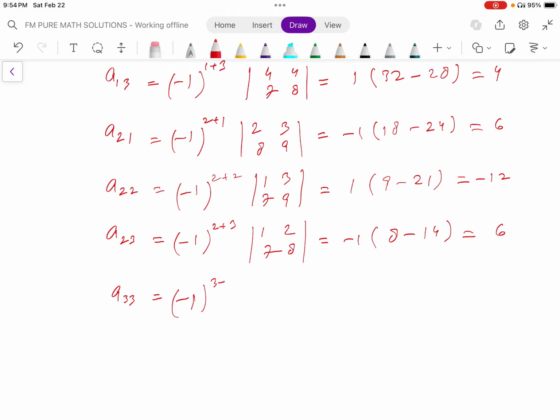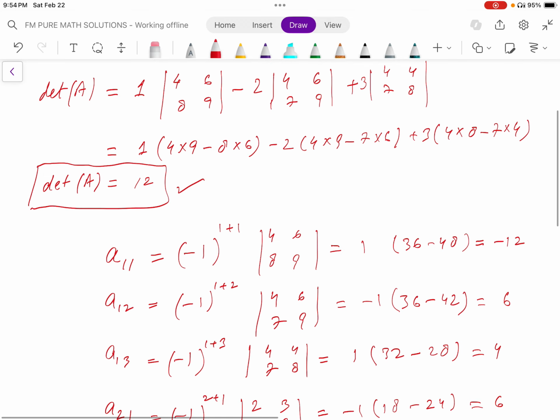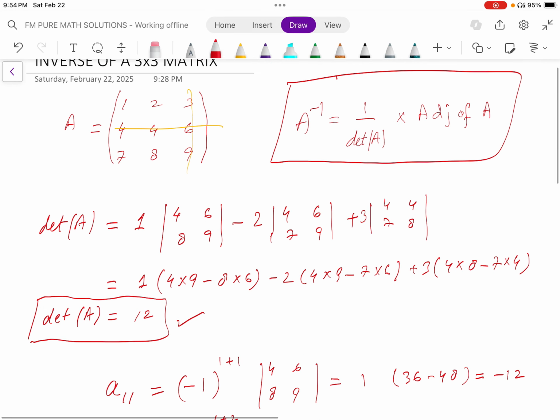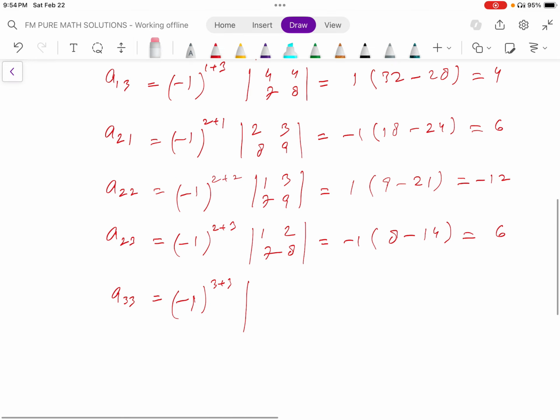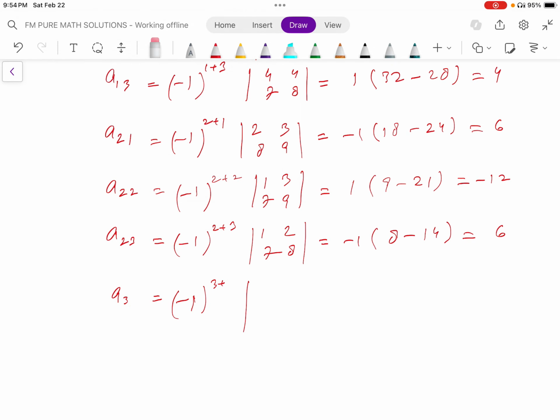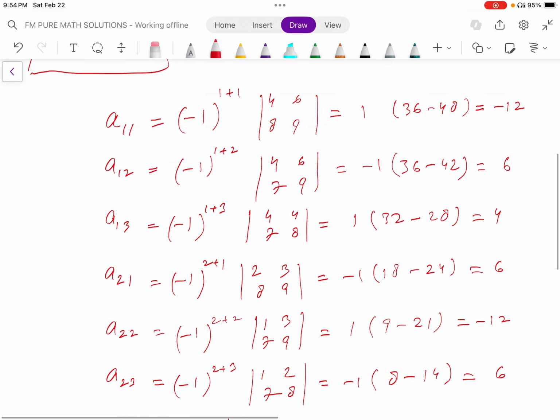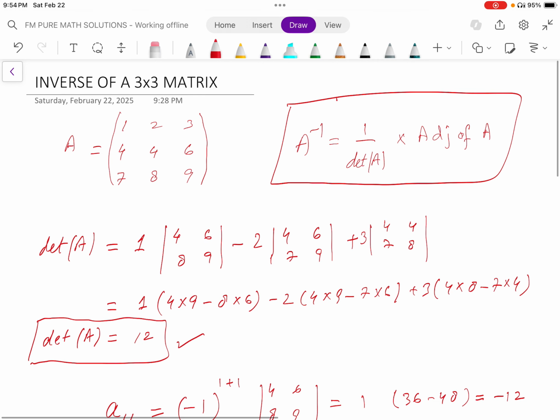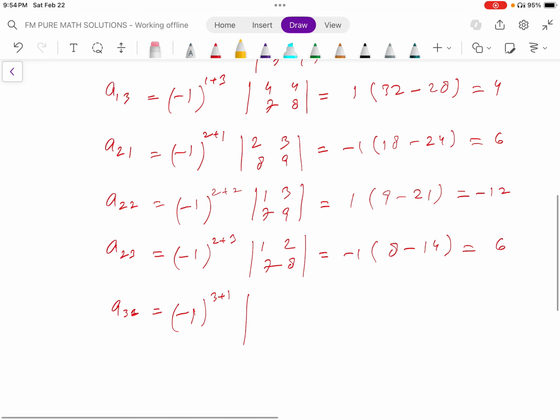Minus 1 to the power 3 plus 1 here, sorry. Third row, first column, A31. So 2, 3, 4, 6.